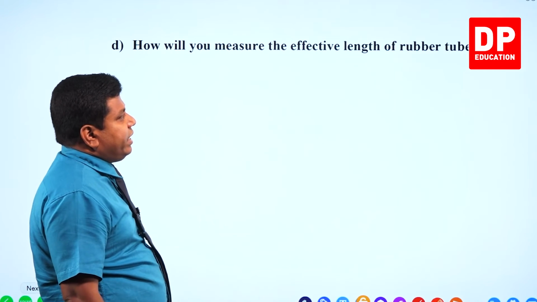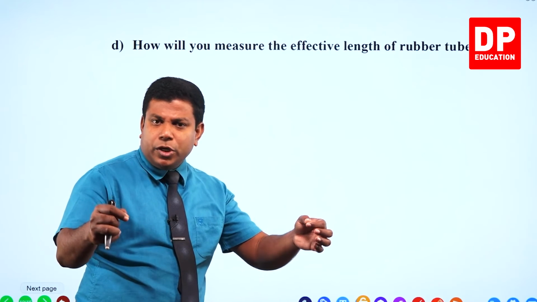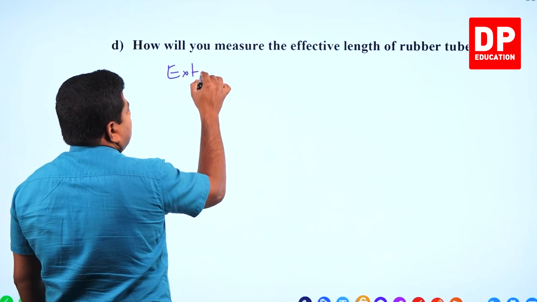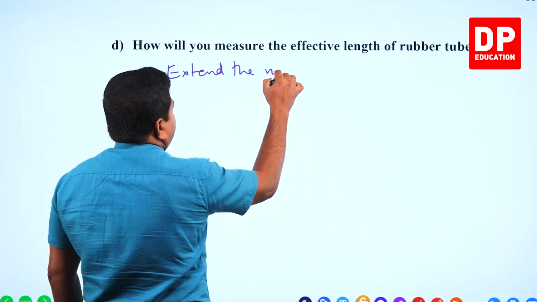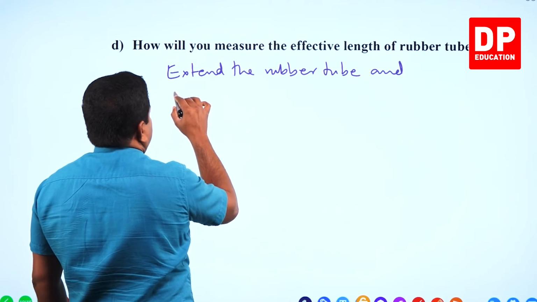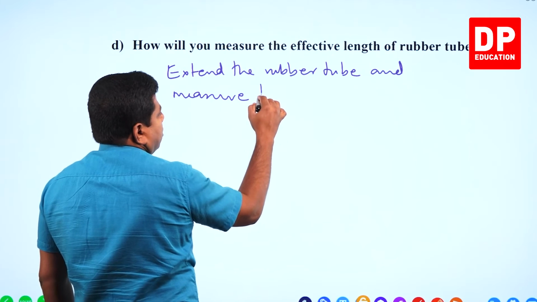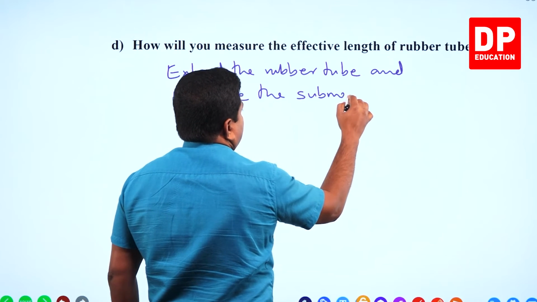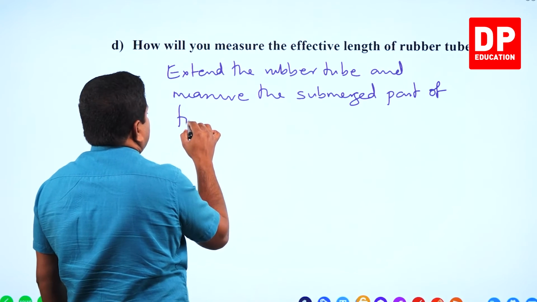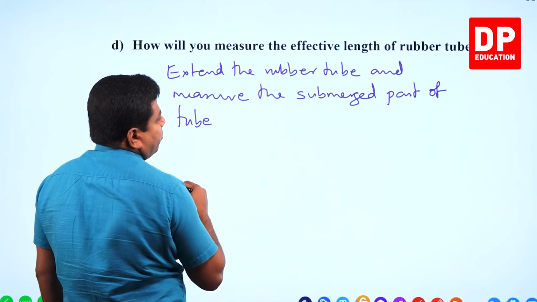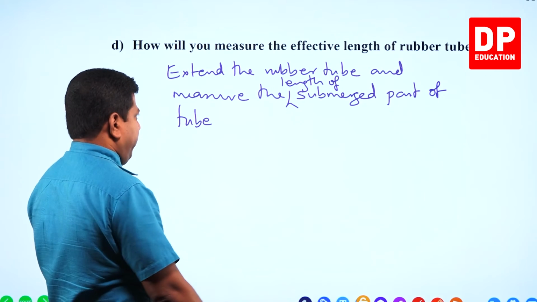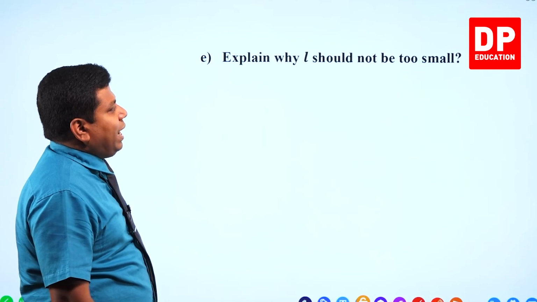How will you measure the effective length of rubber tube? Extend the rubber tube and measure the length of the submerged part of the tube with the meter ruler. Next, explain why L should not be too small.